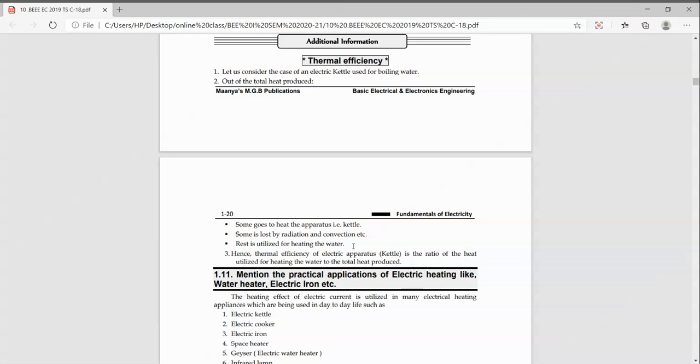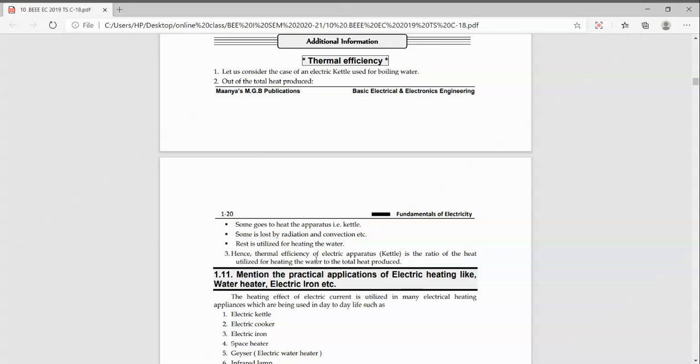But the heat produced totally by the power consumed will not be totally utilized by the water, because there might be some radiation effect. It might be lost to the atmosphere around it, and some of the heat is lost in heating the metal of this heater. So we will utilize almost 80 percent or 70 percent.